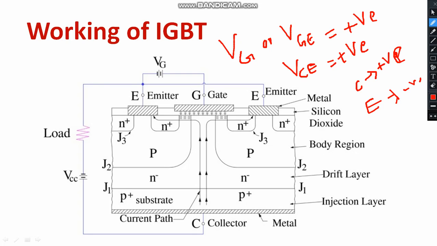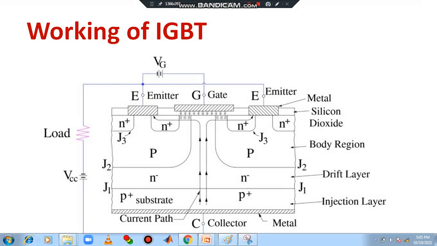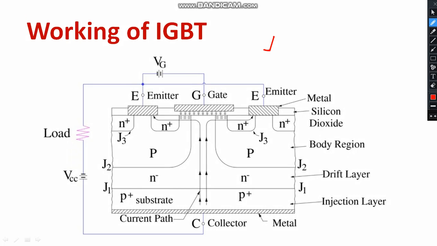Initially we are not providing any gate voltage. As I told you, the collector is positive with respect to the emitter. So at that condition, we can say that junction 1, J1, becomes forward biased. J1 is forward biased.